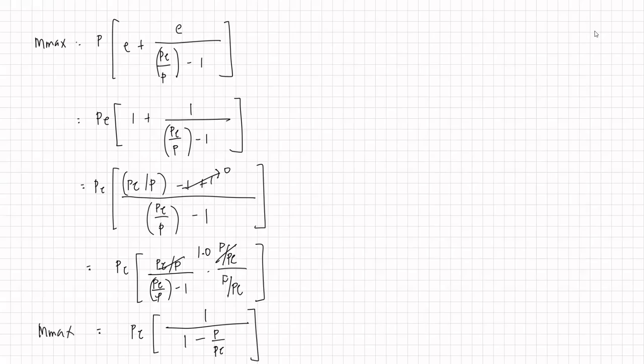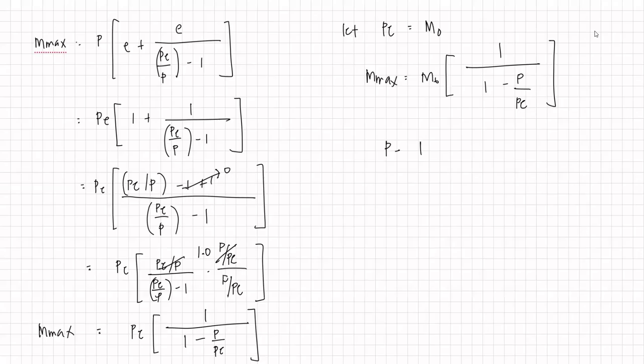So when we let PE as our first order moment, okay, so we have the maximum moment is equals to M sub O multiplied by a factor 1 over 1 minus P over PE. Okay, wherein yung P is our, since we are considering the maximum moment, so this can be yung PU natin for LRFD or PA.